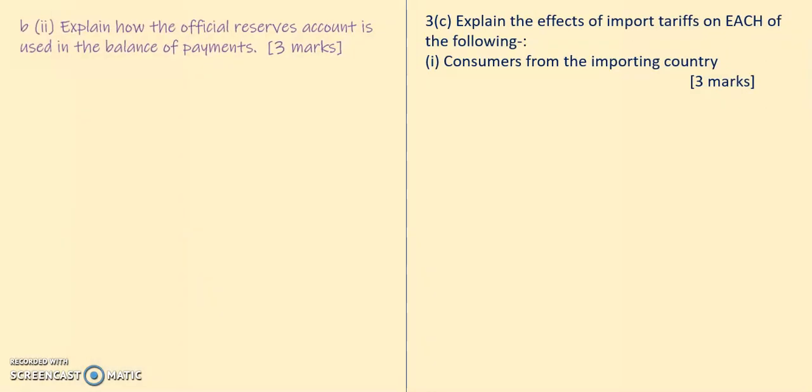Okay, so moving along. Part B2 says explain how the official reserves account is used in the balance of payments. Now, if you recall, a balance of payments has 3 accounts, right? The current account, which is the major account, the capital account, and the official reserves account, which is where you sort of finance your deficits or whatever you have.